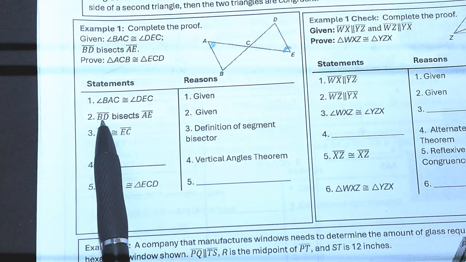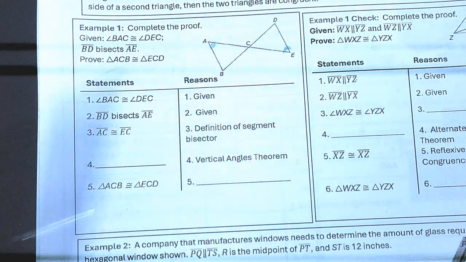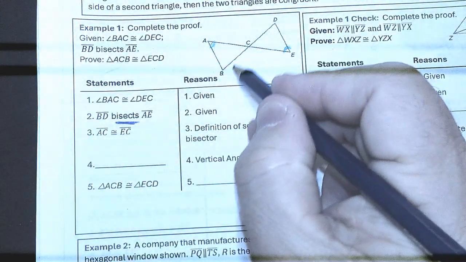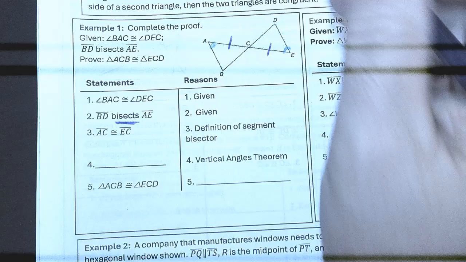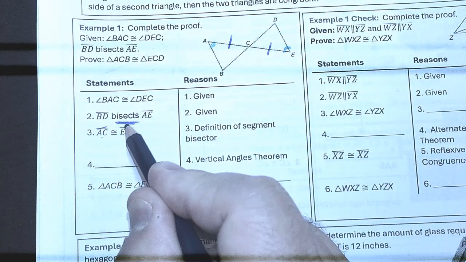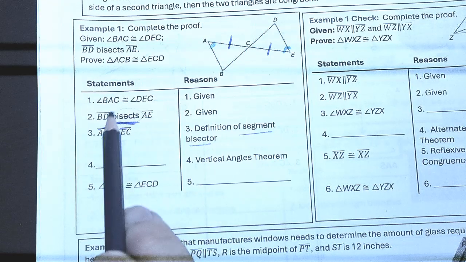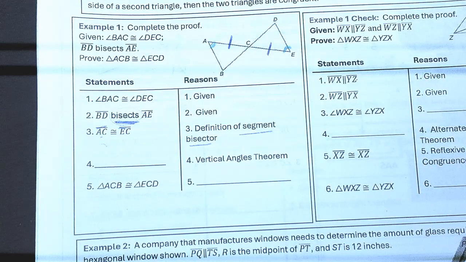That's given. The next thing they tell us is that BD bisects AE. Remember, bisects cuts it in 2 equal pieces. So that means this side is congruent to this side, and the next thing they say is AC is congruent to EC, and it's the definition of a segment bisector. As you can see, you get hints as to what things are going to be as you go through the proof.